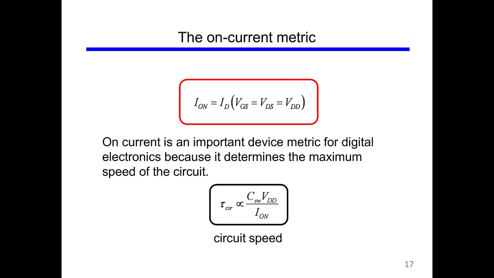Now this on current is very important because it determines the speed of a digital circuit.